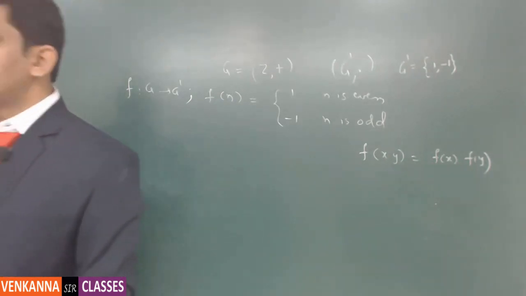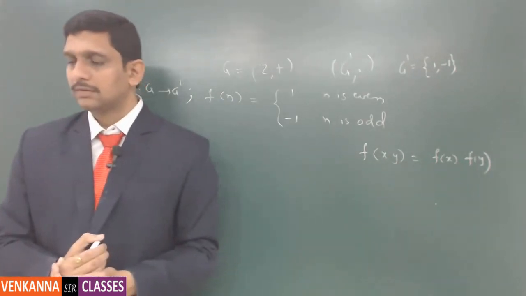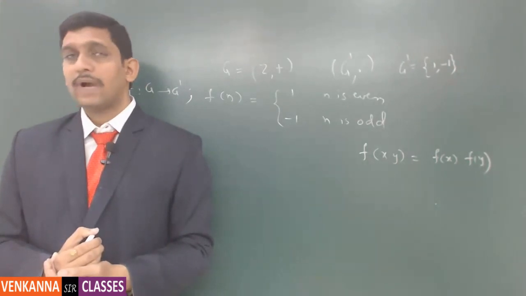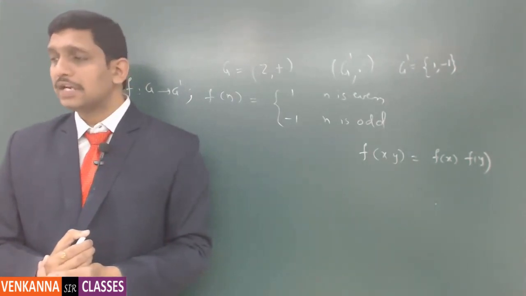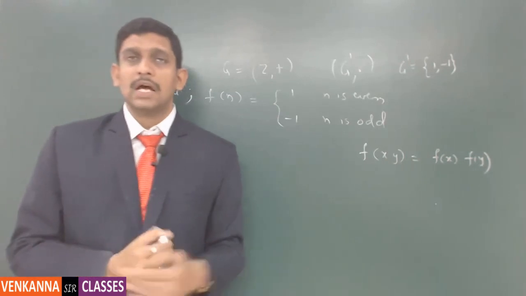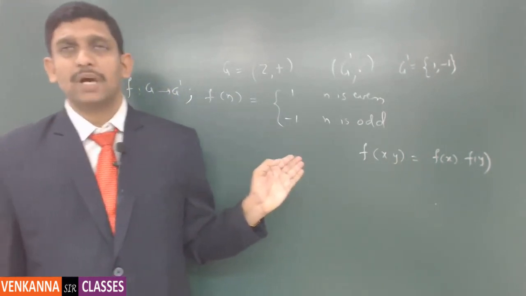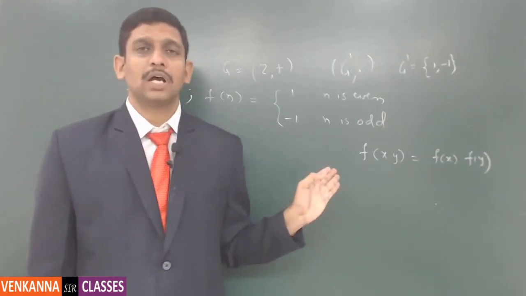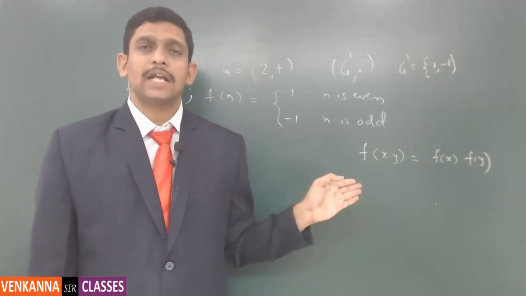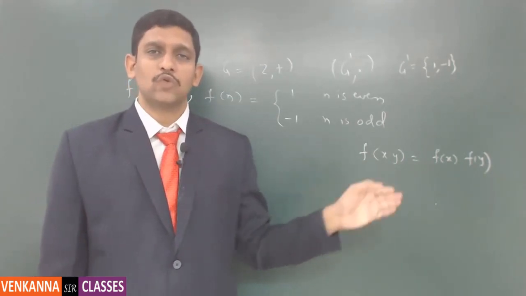So as I have mentioned earlier, while getting the condition of homomorphism, the left side operation is nothing but the operation on the domain. The right hand side operation is nothing but the operation on the codomain.